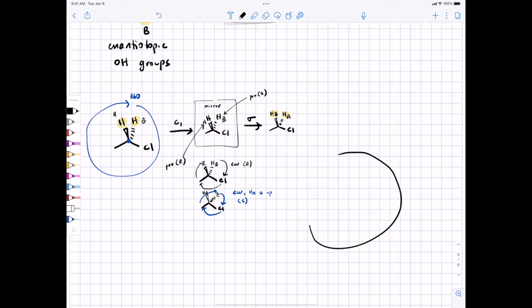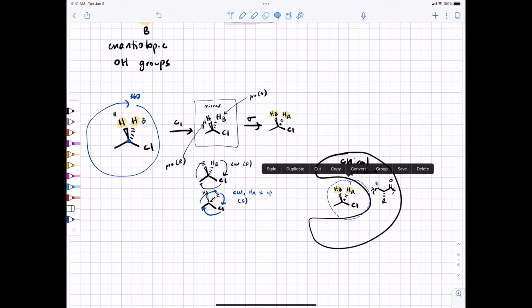Now I'm going to have a chiral Pac-Man protein, which has lots of stereocenters in it. Now we're going to put that molecule in the protein, and now the protein can tell the difference between the two.